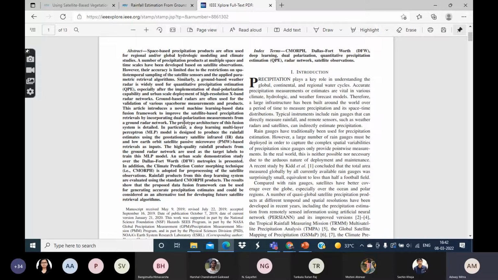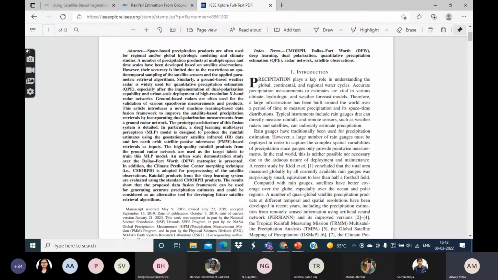Now, the prototype architecture of this fusion system is detailed. In particular, a deep learning multi-layer perceptron is designed to produce the rainfall estimates using the geostationary satellite infrared data and low Earth orbit satellite passive microwave based retrievals as inputs.